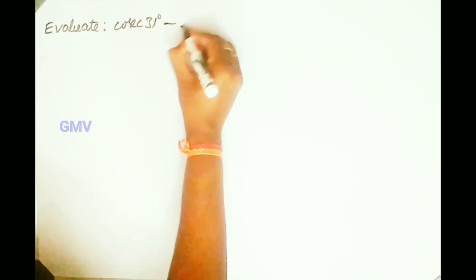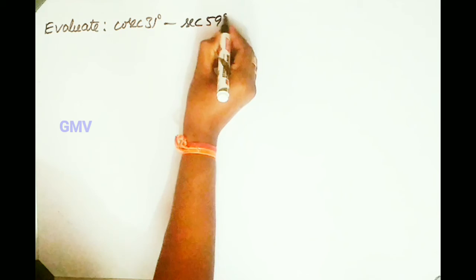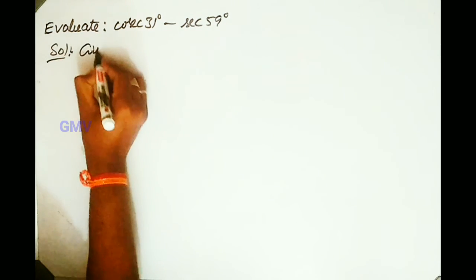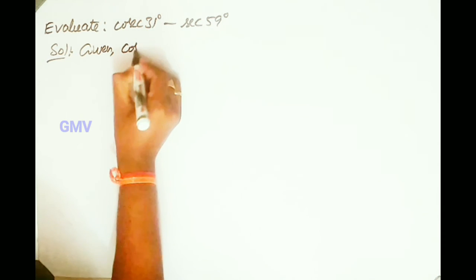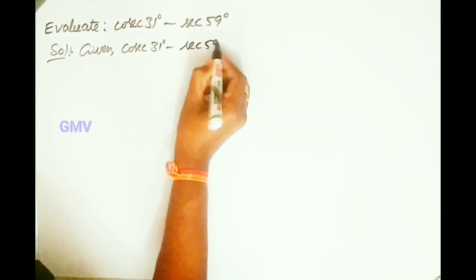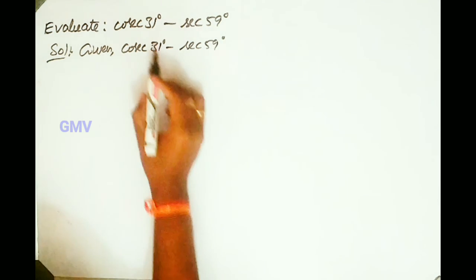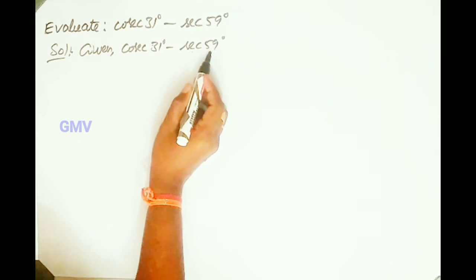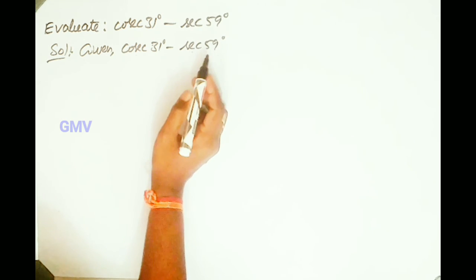Cosecant 31 degree minus secant 59 degree. In the solution, take the given as it is. Cosecant 31 degree minus secant 59 degree. Here also cosecant and secant are complementary, and 31 degree and 59 degree are also complementary angles.